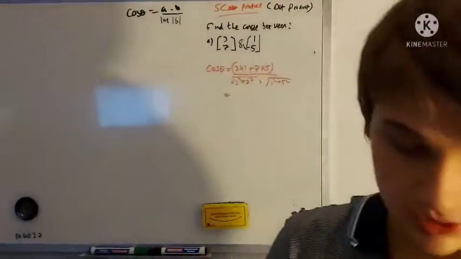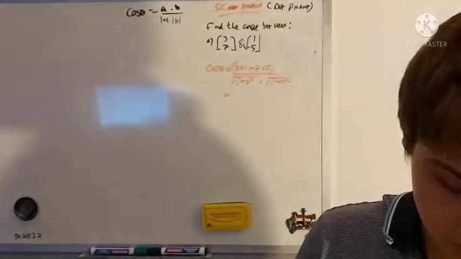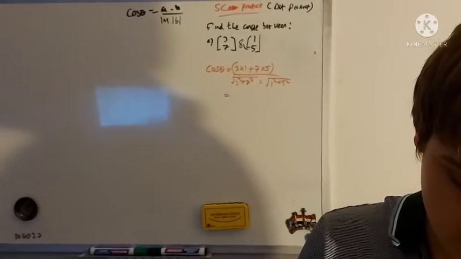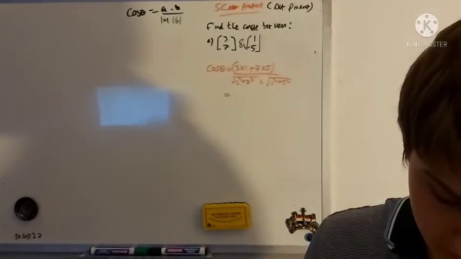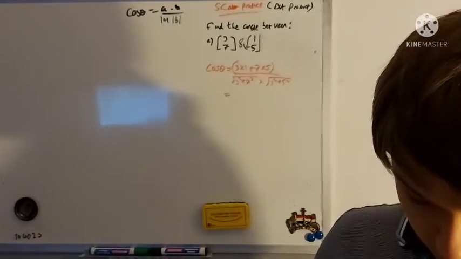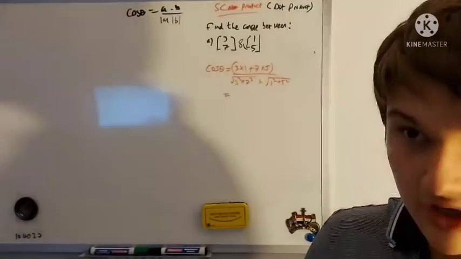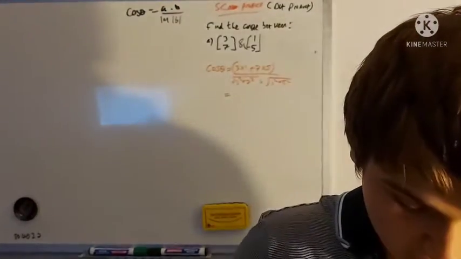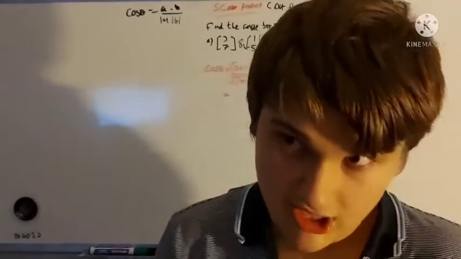Calculate it. Make sure you're in the right mode. 3 times 1, add 7 multiplied by 5, all over the square root of 3 squared plus 7 squared, multiplied by the square root of 1 squared plus 5 squared.